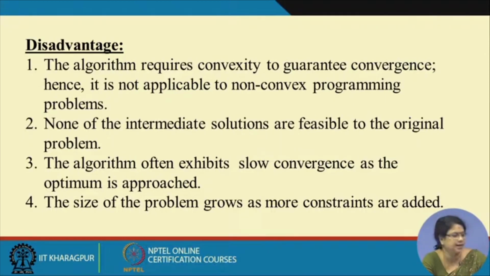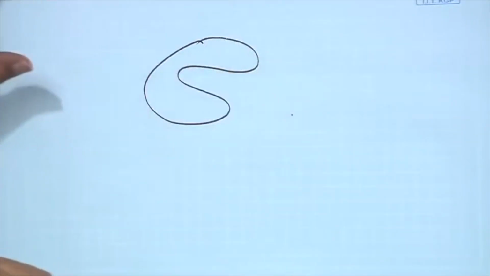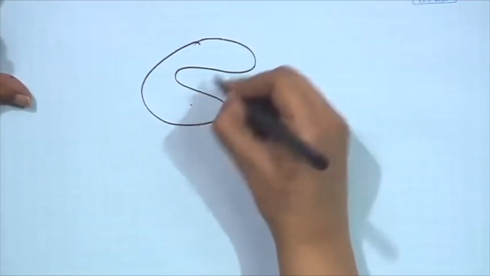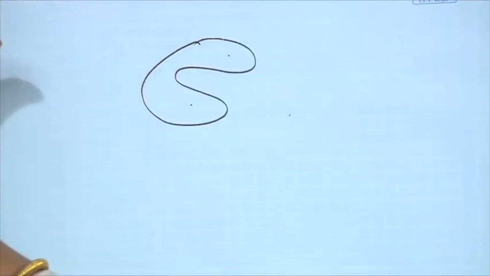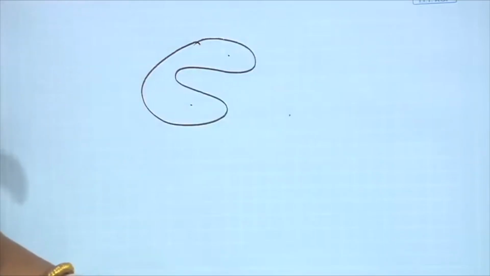The first disadvantage is convexity. If the region is convex, then certainly we will get the solution. But if the region is not convex, for example, the region looks like this. This is not a convex region, because if I join these 2 points, the whole line is not contained within the feasible space.